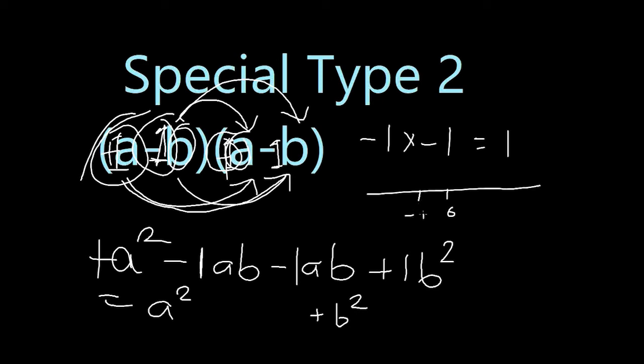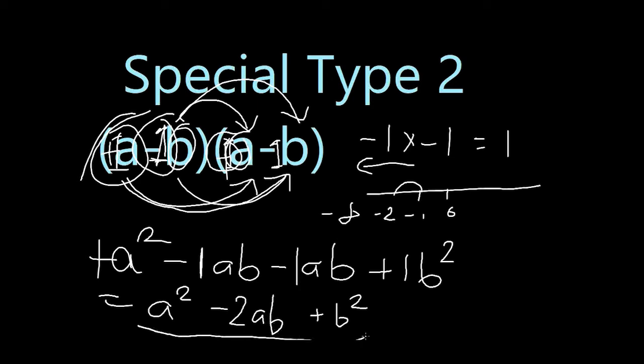We've got minus 1 and then minus another one. So when we're minusing a number, we're going towards negative infinity on the number line, aren't we? So we're going to take one step closer to negative infinity, which gives us minus 2. Because remember, we go more negative the further away from 0 we get. So we've got minus 2 lots of AB.